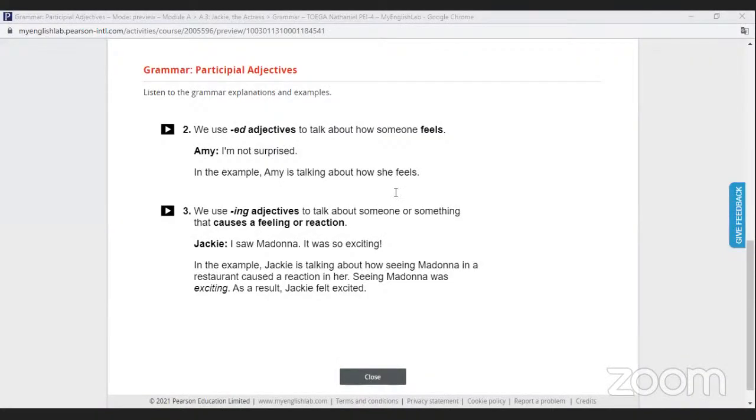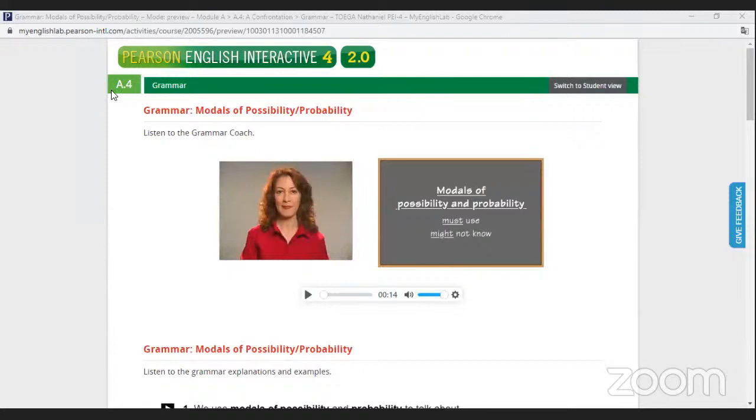Okay, so let's start with this. This is the first grammar that we're gonna see.